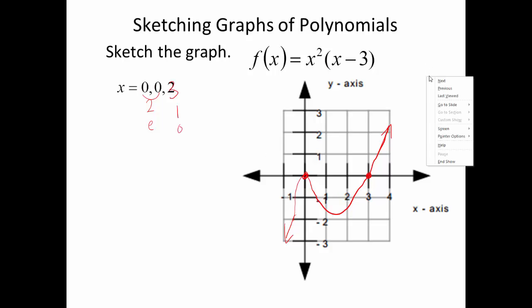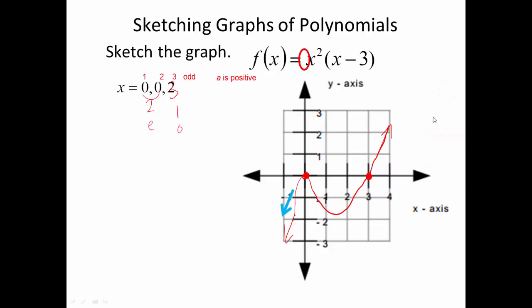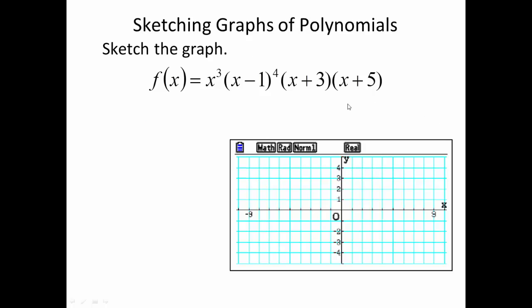Okay. All right. Let's try another one. Okay, look at this. So we have 3 zeros here, 4 ones, a -3, and a -5. So I have 1, 2, 3. It goes through the 0. It bounces off the 1.